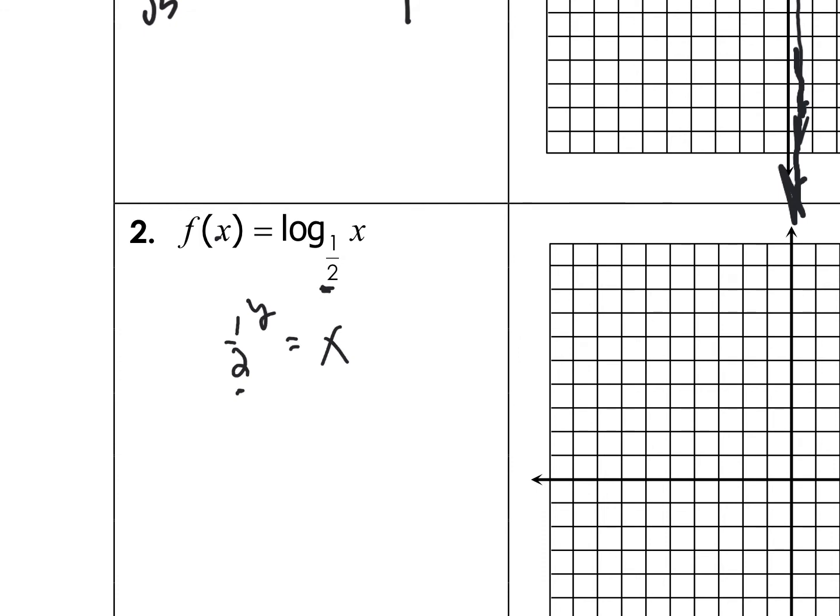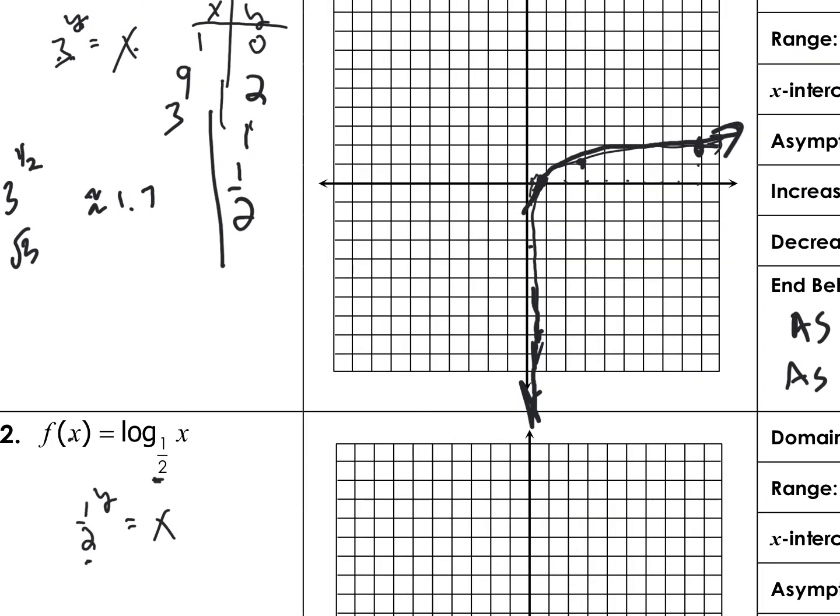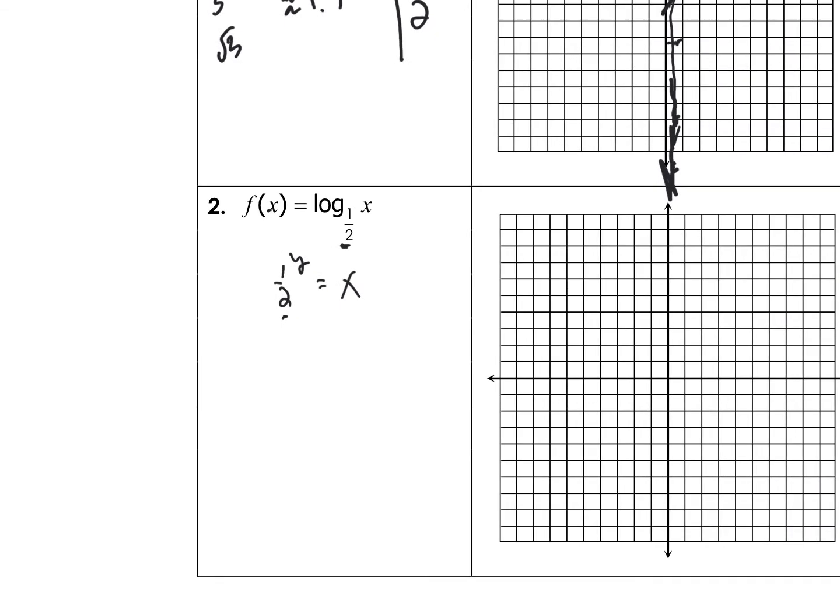That was an exponential decay. So what you're going to find out is that the exponential decay is going to be the opposite direction than the exponential growth was. In other words, this is going down forever. The exponential decay will give us a log that goes up forever. Let's see if we can make it work.